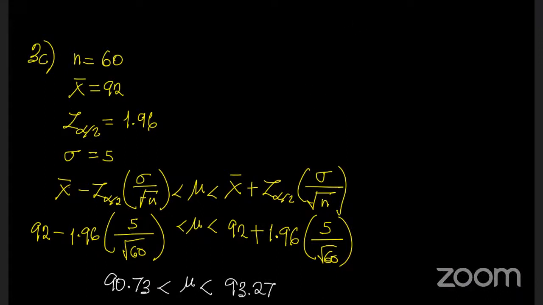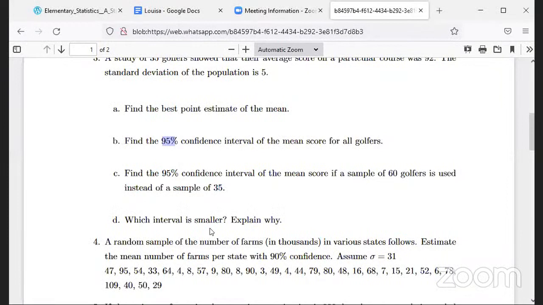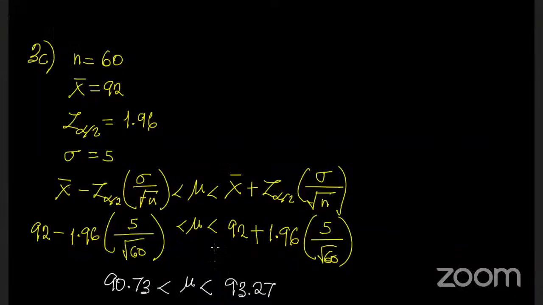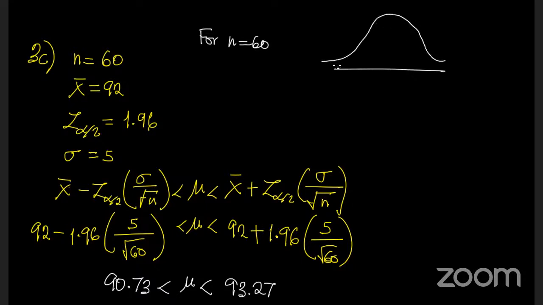Now let's look at D. Which interval is smaller? Explain why. Okay, so let's find out which interval is smaller. For n equal to 60, what is the interval? To the left, what did we get?